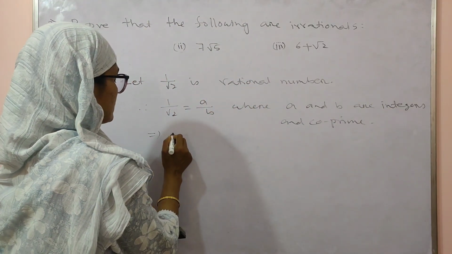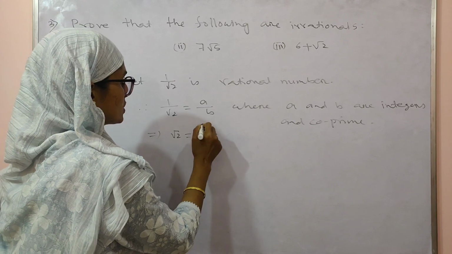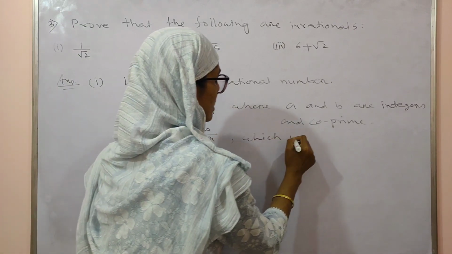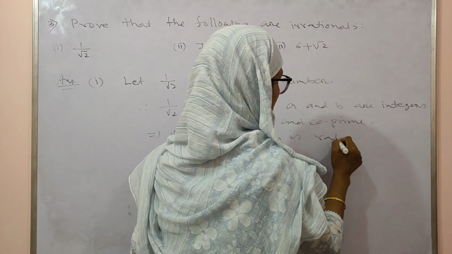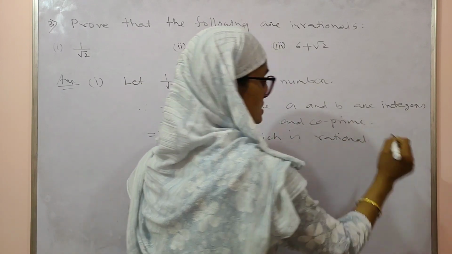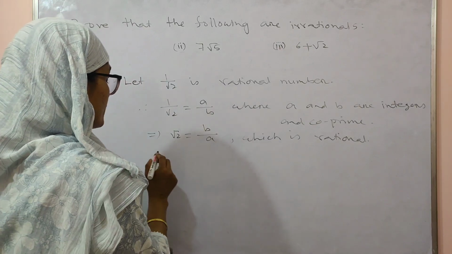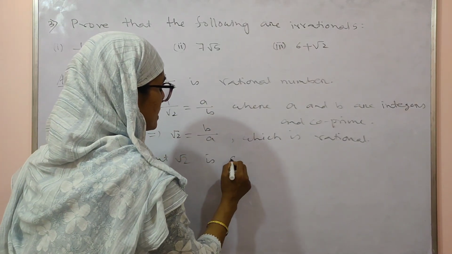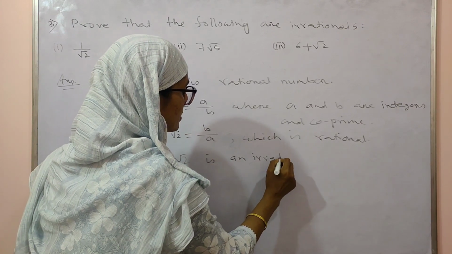Or you can write root 2 equals b by a, which is a rational number.